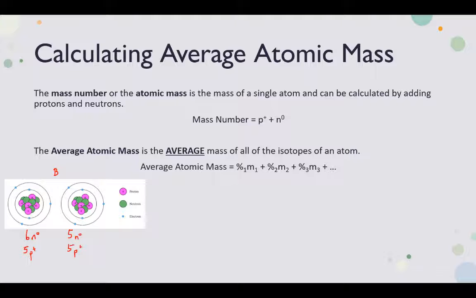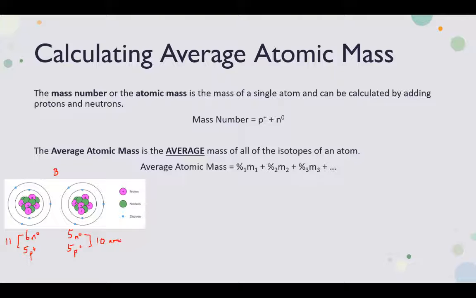So these are exactly the same element because they both have 5 protons, so they're both boron atoms, but these atoms are isotopes of each other. They have different masses. So one of my boron atoms, the one on the left, has a mass of 11, right? 6 plus 5 is 11 AMU, and the one on the right has a mass of 10 AMU. So these are my 2 isotopes.